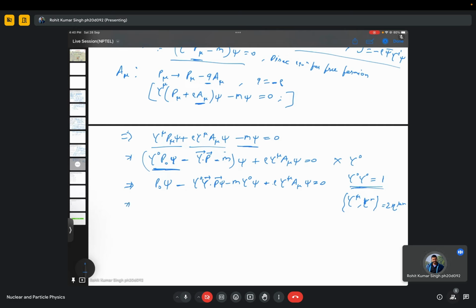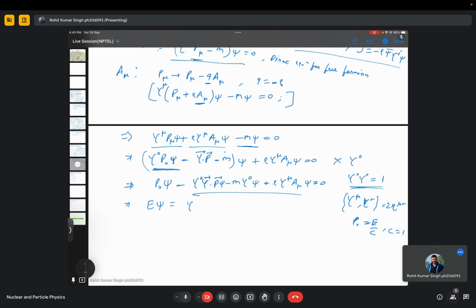Now we know that the zeroth component is just the energy E by c, and we can take c equal to 1. So it is just E psi, right? And let's take all of this to the right hand side.